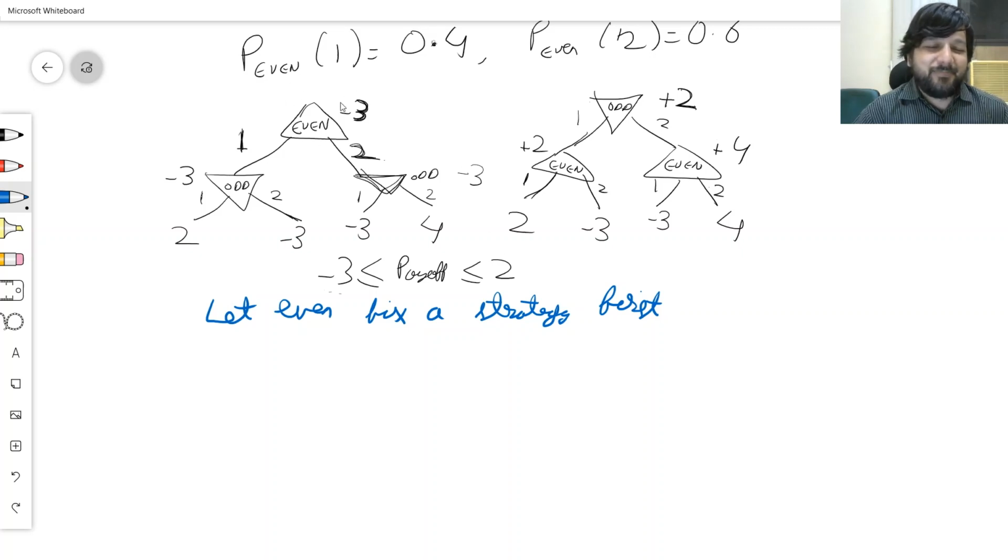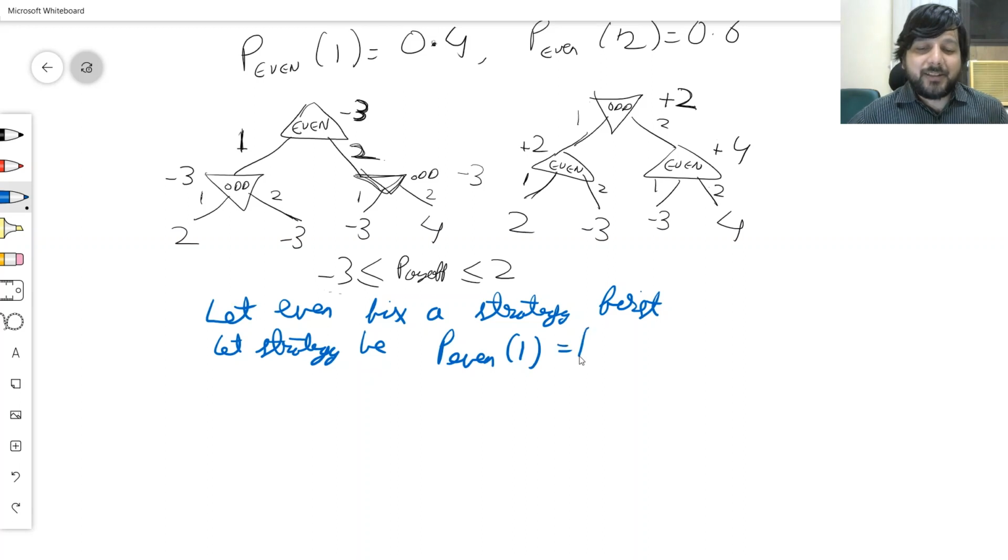Even this time does not reveal its fingers. It's not like even says 2 and then odd says 1. Even just reveals its strategy, and let's say the strategy is 1 with a probability of P and 2 with a probability of 1 minus P. So this is even's move.